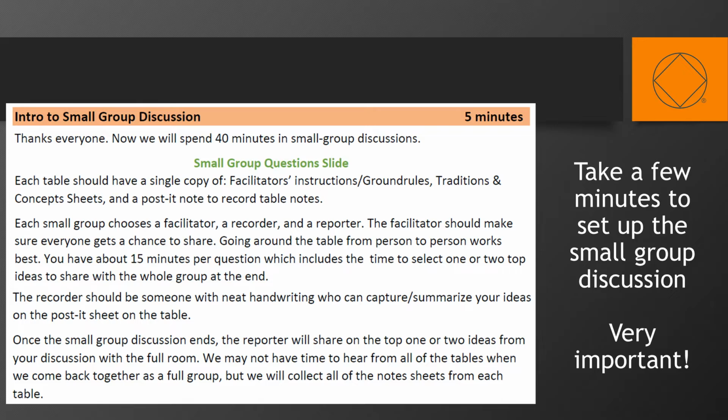One of the things that even experienced members stumble on, and I've done it more than once, is forgetting to adequately set up a small group discussion. You're breaking a large group facilitated by 1 or 2 members into multiple groups facilitated by members that didn't come prepared to facilitate, that are there to participate in the workshop but now are going to need to facilitate, take notes, and be prepared to report back.